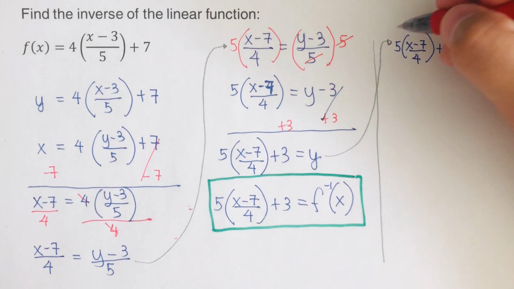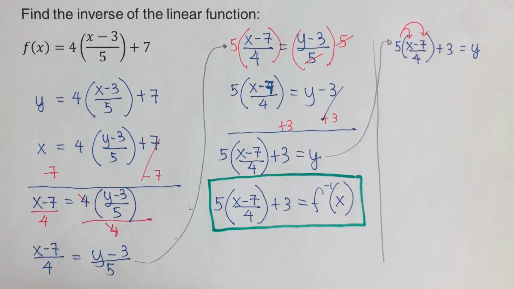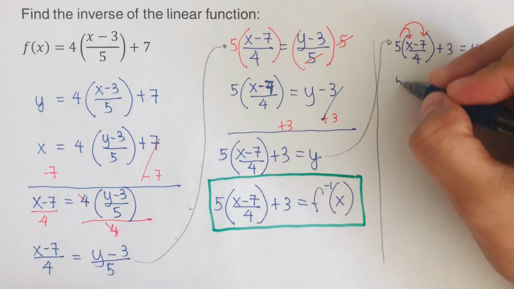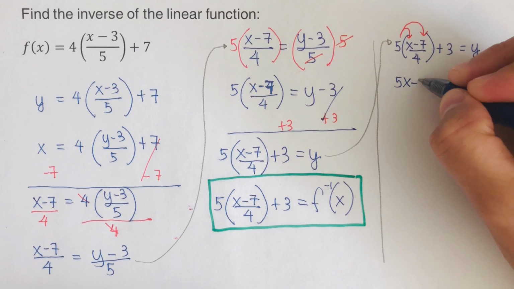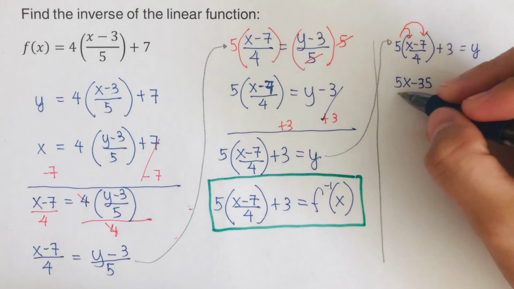We're distributing the 5 to each of the terms inside the parentheses. So this would come out 5x minus 35 over 4 plus 3 is equal to y.